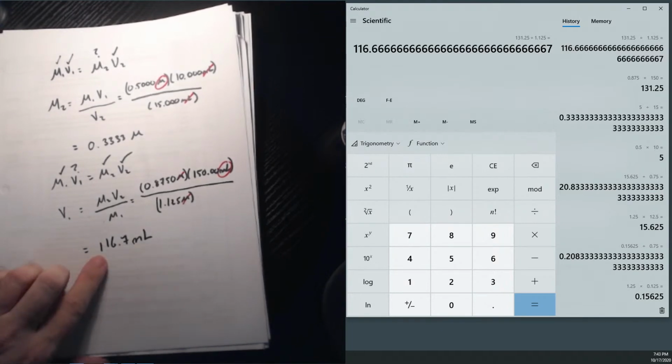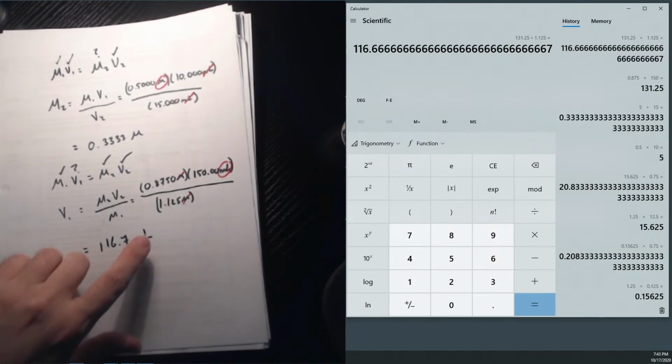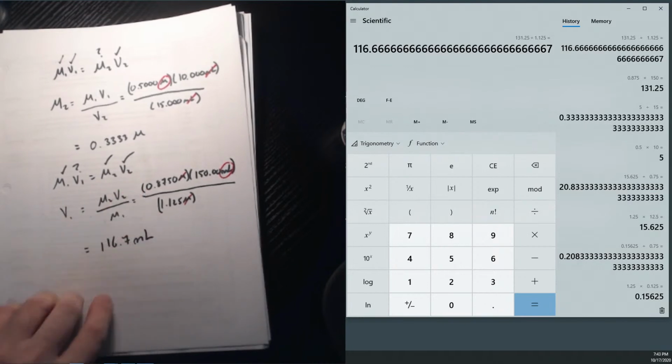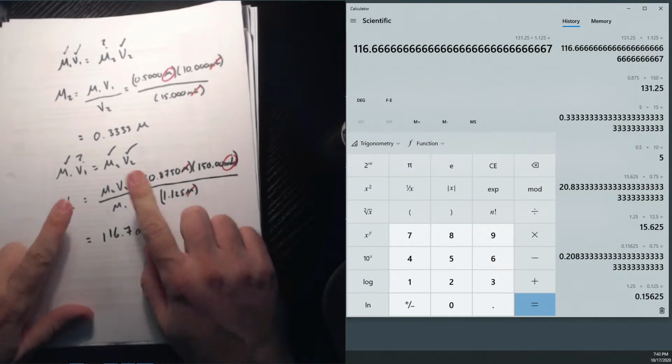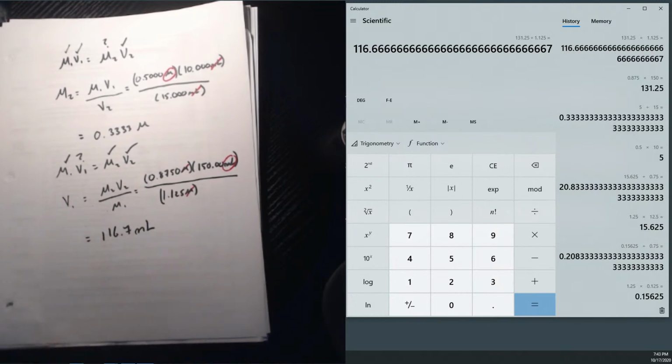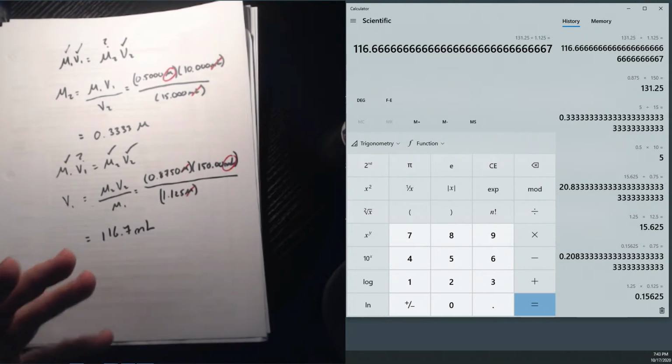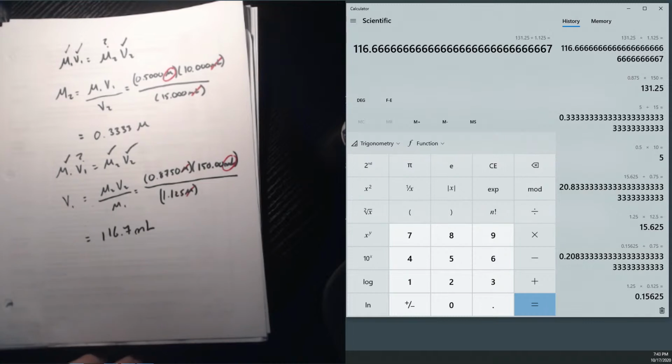We're just going to add 33.3 mL to this in order to dilute from 1.125 to 0.875. All right, so dilution problems are relatively simple just because they pretty much always follow this formula. For the simple reason that all you're doing is adding water to stuff.